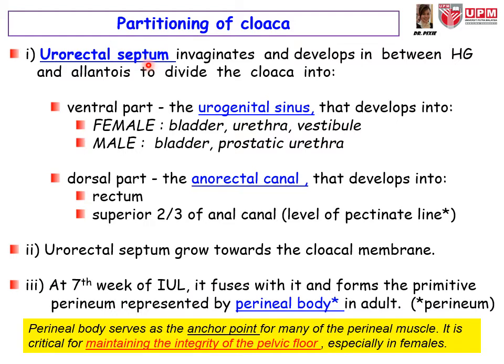The urorectal septum is developed from the splanchnic mesoderm. It grows downward and then partitions the cloaca into two parts. The ventral part will then become the urogenital sinus that will further develop into different structures according to gender.